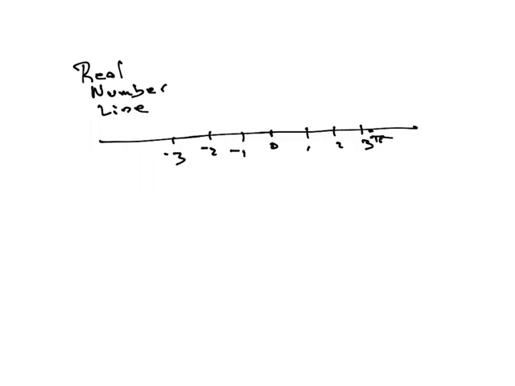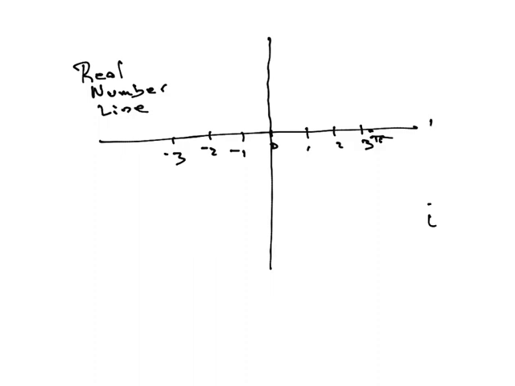However, now that we have complex numbers, we have an infinite number of numbers that you cannot find on this line. For instance, where is i? It will not be found anywhere on this number line. So what mathematicians did, which is very interesting, is they said, what if instead of thinking about numbers as lying on a one-dimensional line, we think about them in a two-dimensional plane.